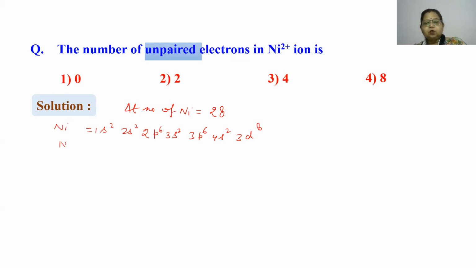Now for nickel 2 plus, the most important point is whether the electron will be lost from 4s or 3d. 3d, ma'am. Who says and why? Let us draw the picture of the orbit again.